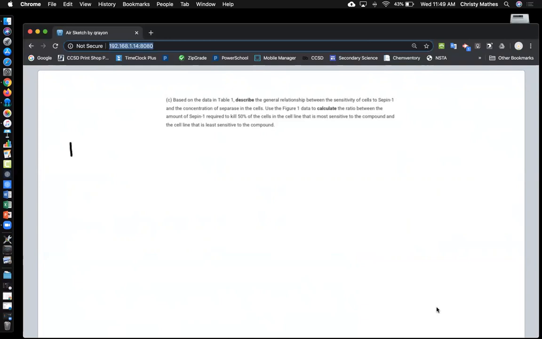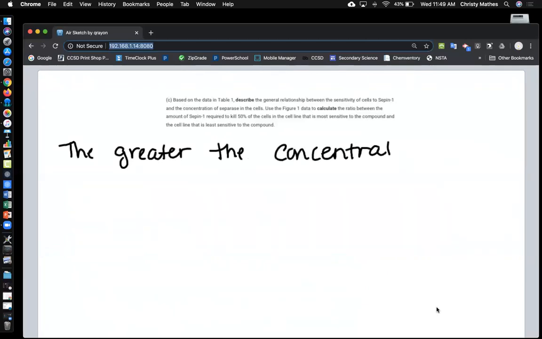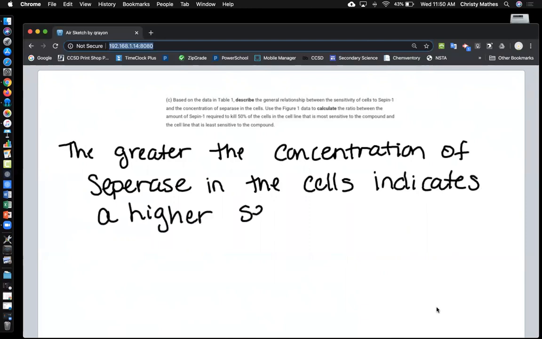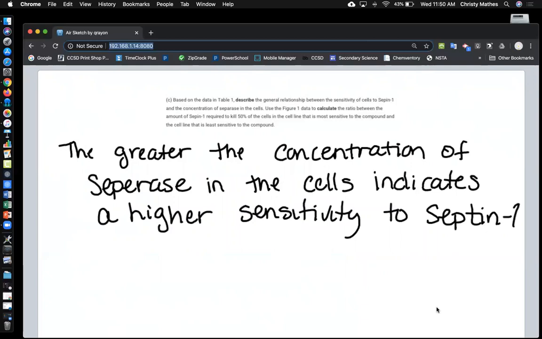So the greater the concentration of separase in the cells indicates a higher sensitivity to SEPin1.